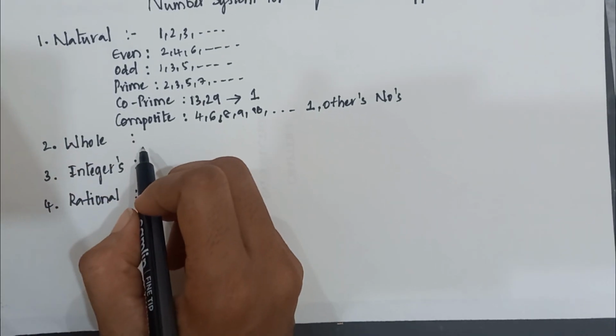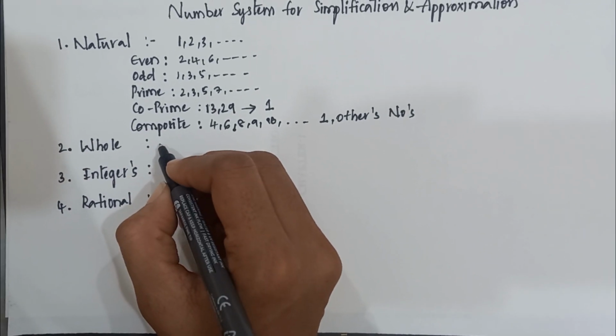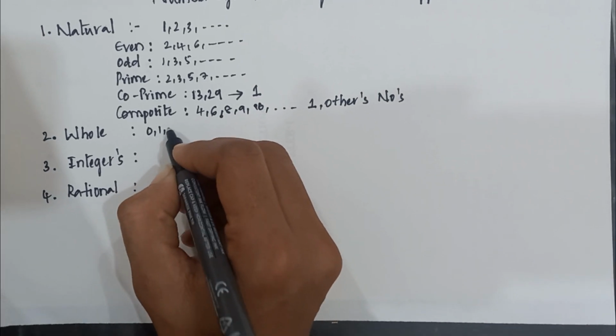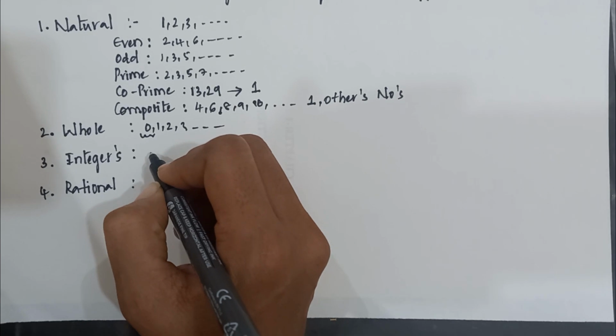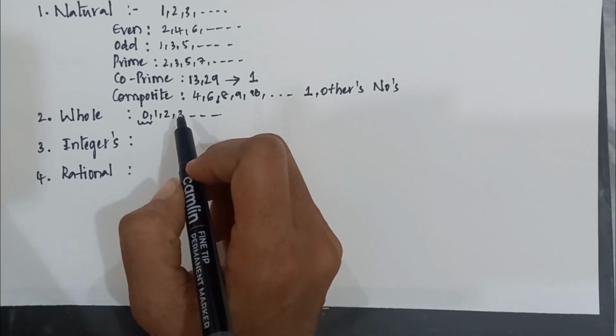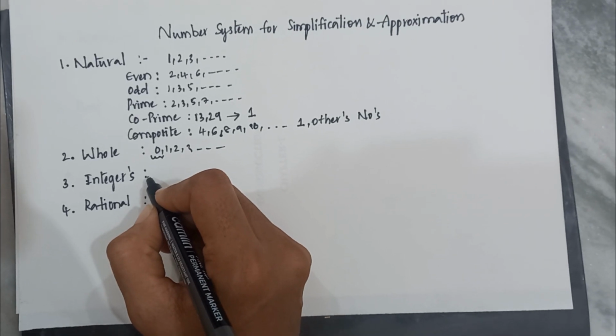What are whole numbers? Whole numbers are 0, 1, 2, 3. So it includes 0 along with the natural numbers. Those numbers are whole numbers. What are integers?